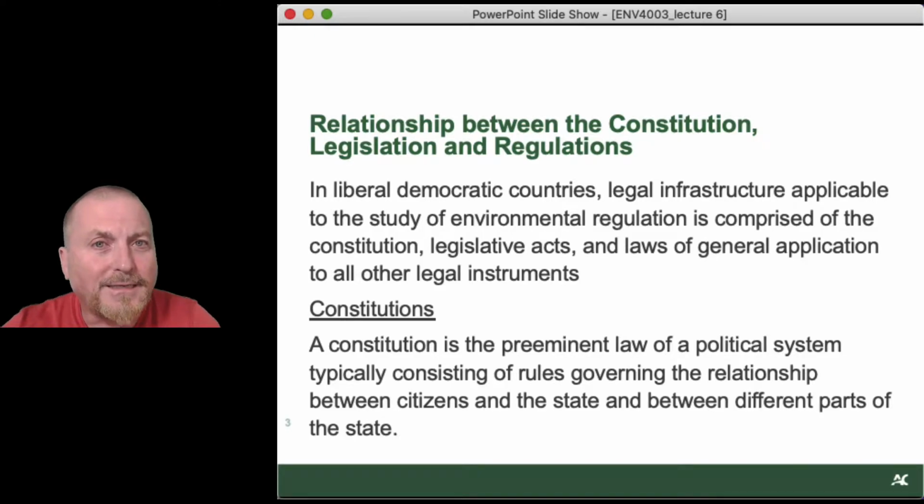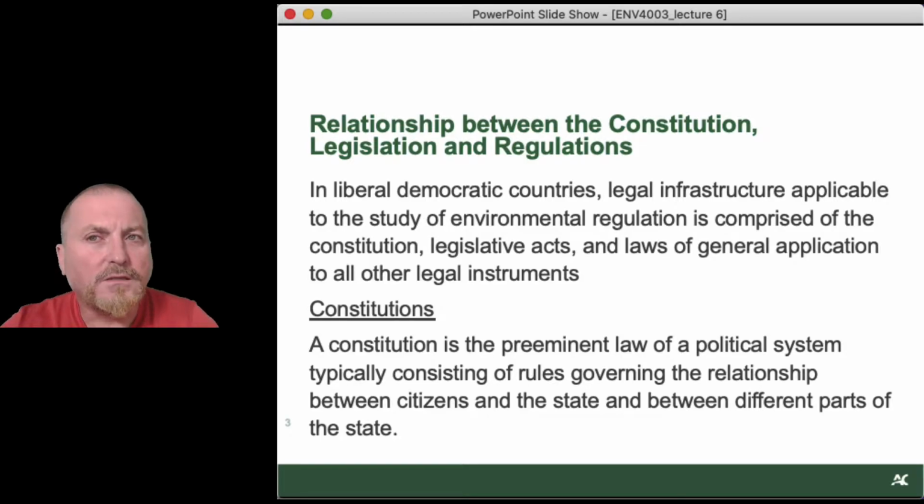Unless you're really immersed in this material, a lot of books will not talk about laws of general application, but they are critically important to how all policy measures are developed and implemented. So I'm going to introduce you to those issues, which is another layer of legal infrastructure.